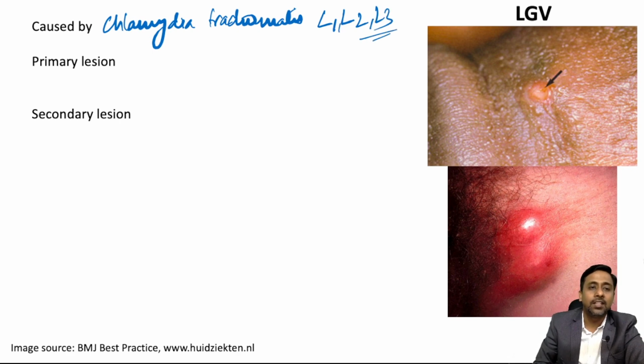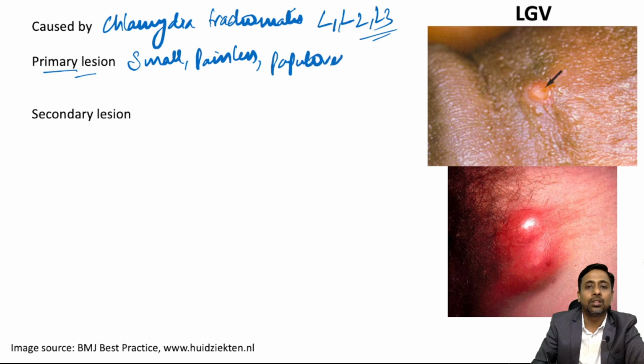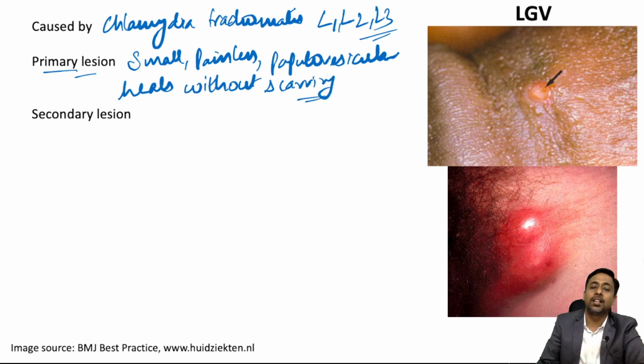And the primary lesion in LGV is basically a small, painless, papulovesicular lesion. Okay, and this lesion will heal without scarring. So because of this only it will get unnoticed.